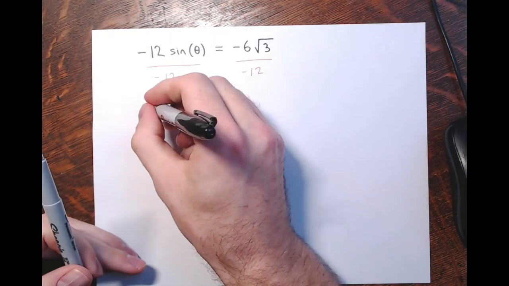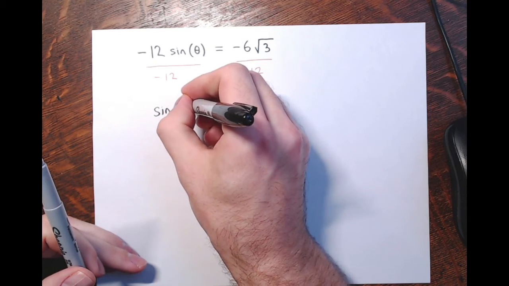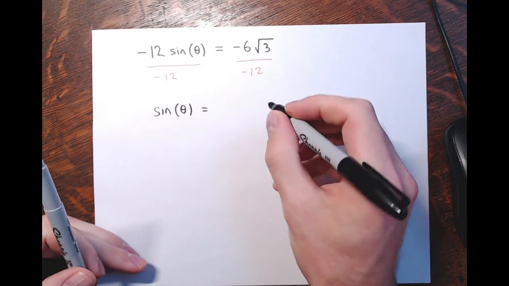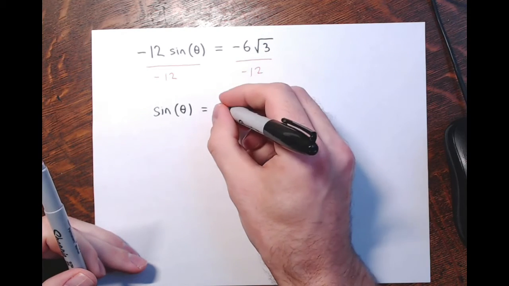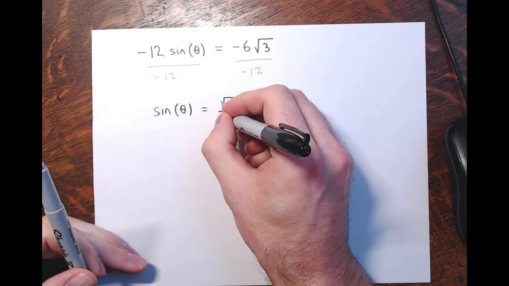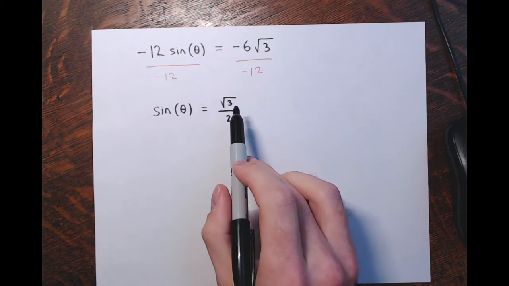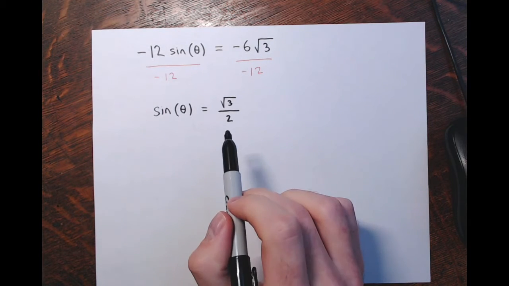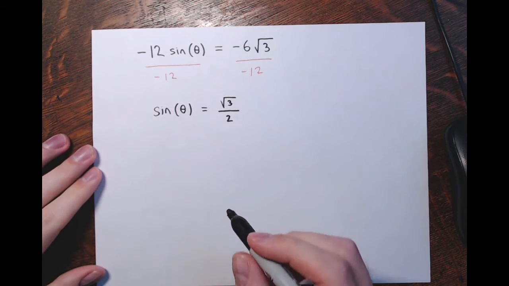That gives me the sine of theta alone on the left like I want. And then negative 6 over negative 12 is positive 1/2, so I have half of the square root of 3, or the square root of 3 divided by 2. And this is a nice special number. You should know some angles that have a sine of the square root of 3 over 2.